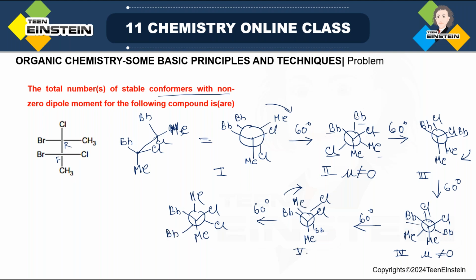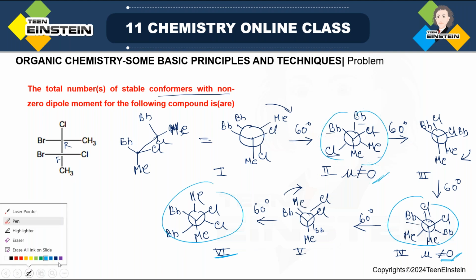This is number 5. This is number 6. Now, here we will choose this one, because it has to be a stable conformer as well as have a non-zero dipole moment. This is stable. This is also stable with non-zero dipole moment. This is also stable with non-zero dipole moment. So these three should be considered as the answer.